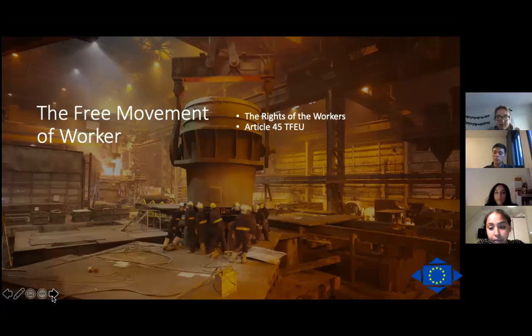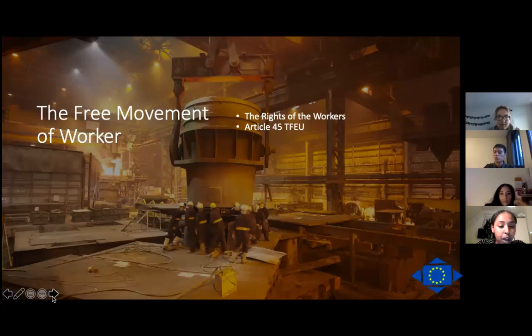Article 45 states that workers are free to move within the European Union. This means that all kinds of national legislation prohibiting workers from working in another country of the European Union are forbidden. Any discrimination based on nationality between workers of the member states regarding employment, remuneration, and other conditions of work and employment is prohibited. And this can be found in Article 45(2) TFEU.